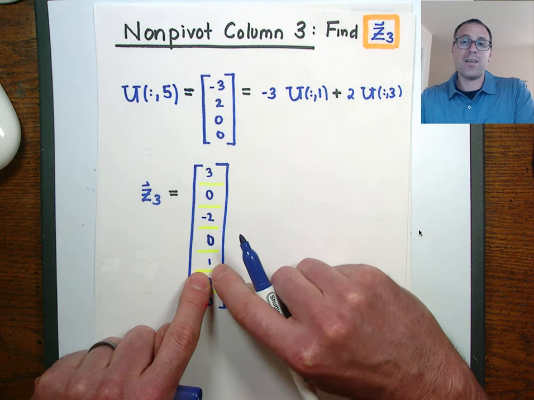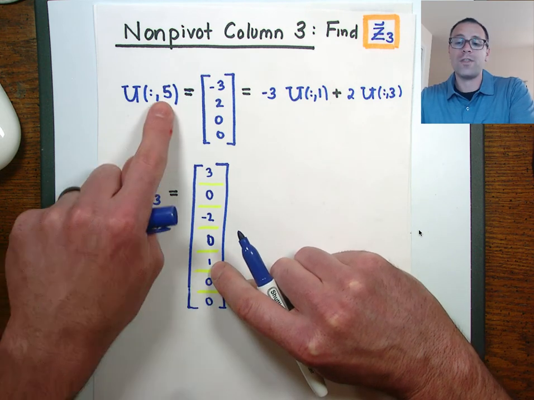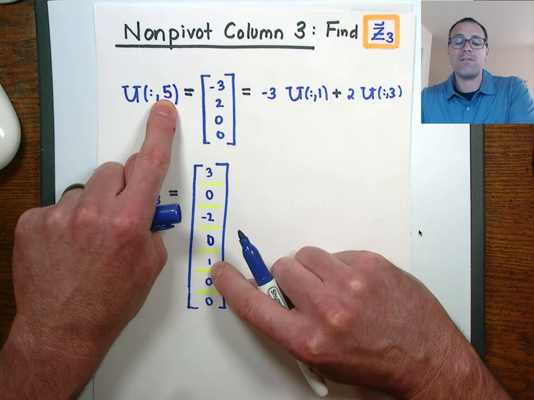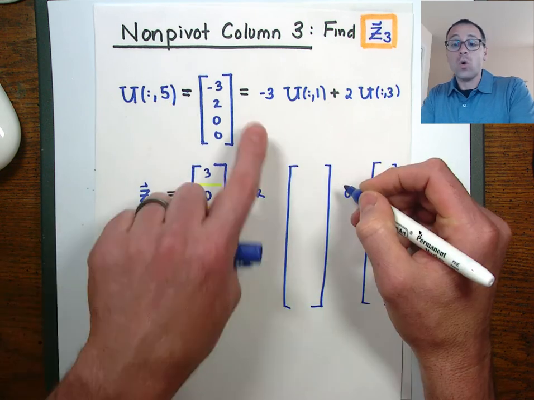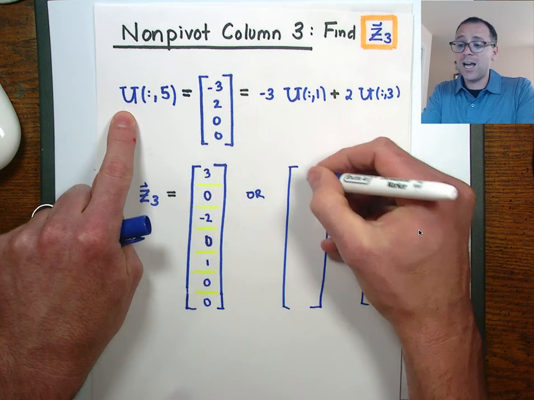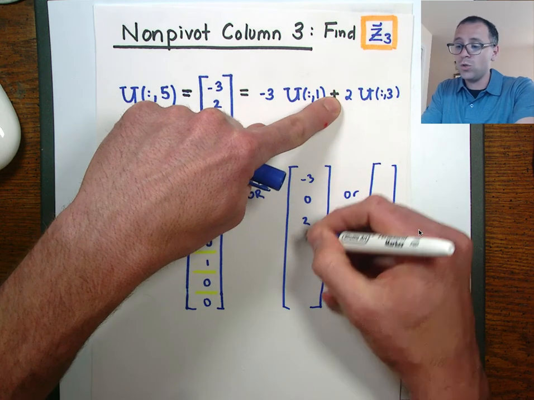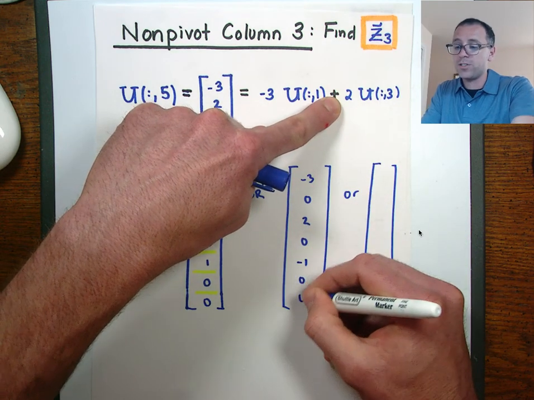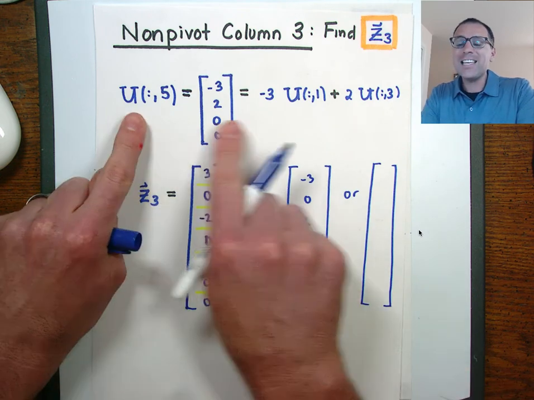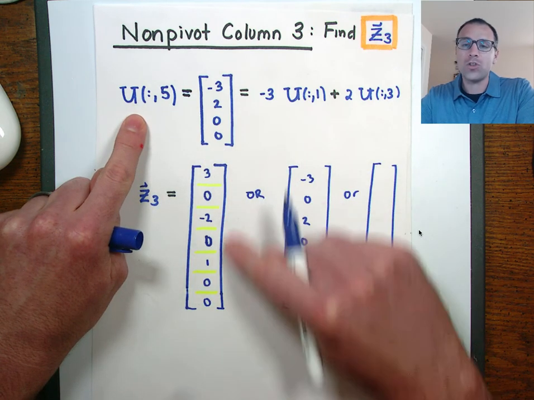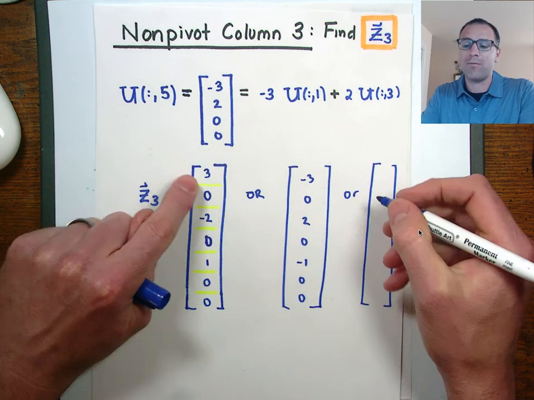I tend to like the scalars associated with the indices for each of my non-pivots to be positive. Of course, you could have brought this over to the other side and kept those -3, 0, positive 2, 0, -1, 0, 0. And in fact, any linear combination, any scalar multiple times this vector will work. So I could have multiplied that by 2.